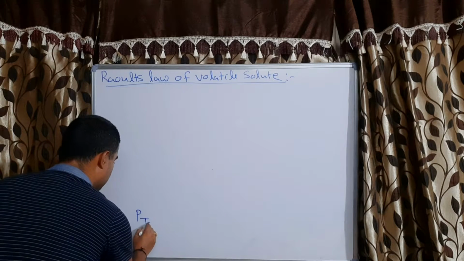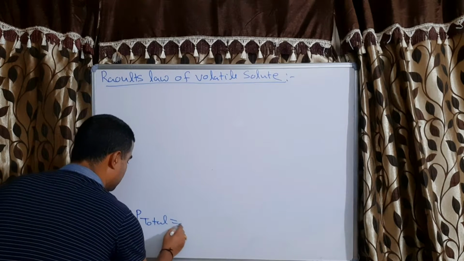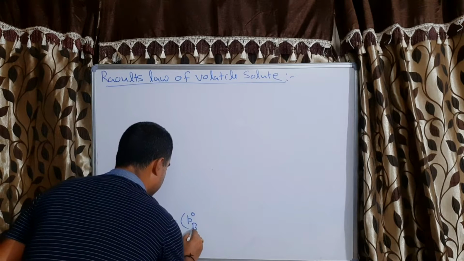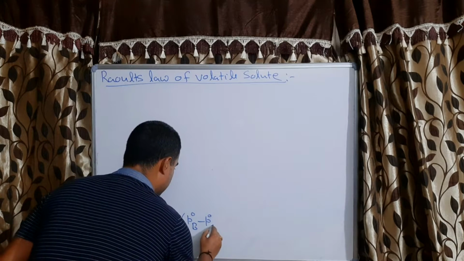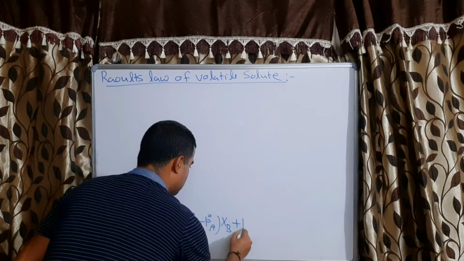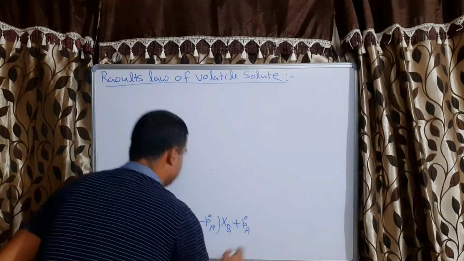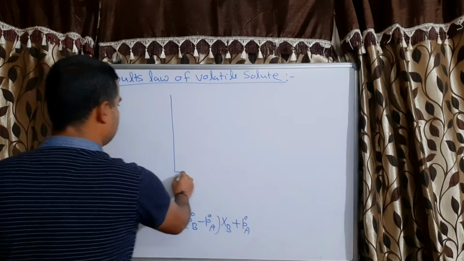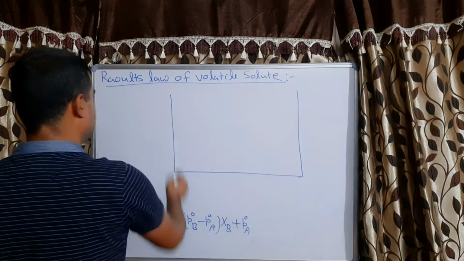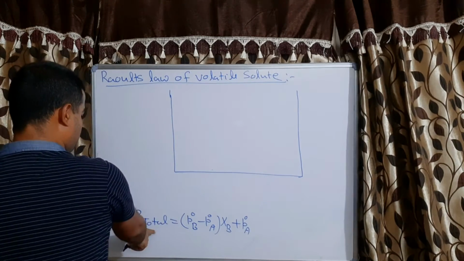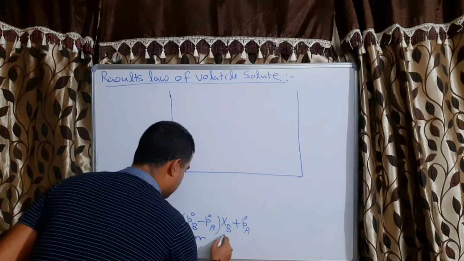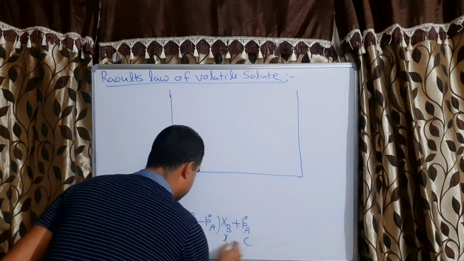P total equal to P naught B minus P naught A XB plus P naught A. Correct? So we will plot the graph. This is y, m, this is x, and this is c.